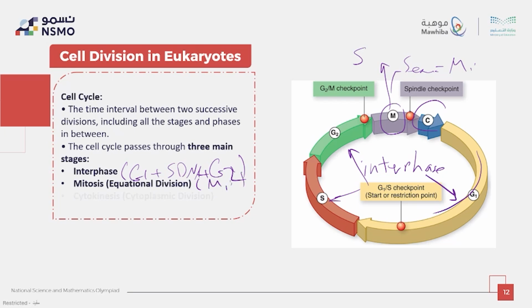And the last one, cytokinesis, the cytoplasmic division. Okay, look at the colored checkpoints, the red one here. The colored checkpoints indicate moments where the cell decides whether to proceed or to stop.